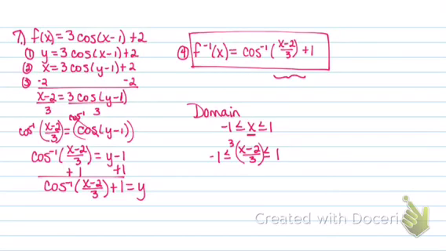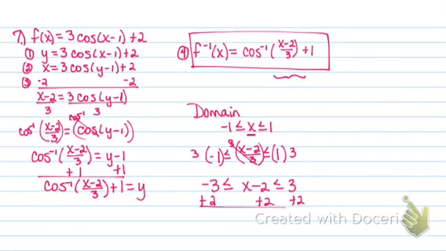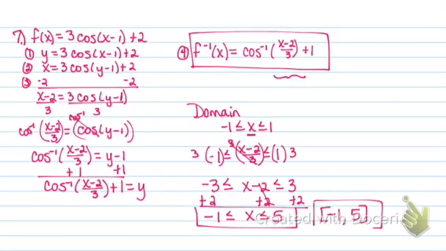We need to multiply by 3, which means you multiply all 3 pieces by 3. So -3 less than or equal to x minus 2 less than or equal to 3. And then we add the 2. And so we got -1 less than or equal to x less than or equal to 5. Or you could write it in interval notation. So it'd be -1 to 5 inclusive.